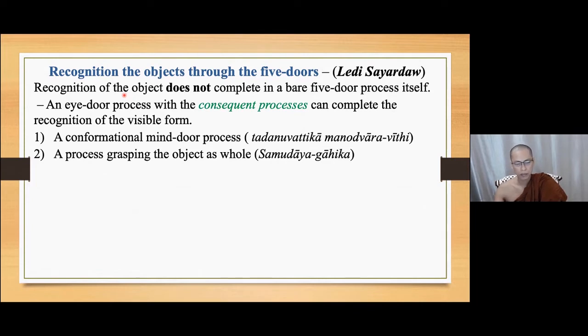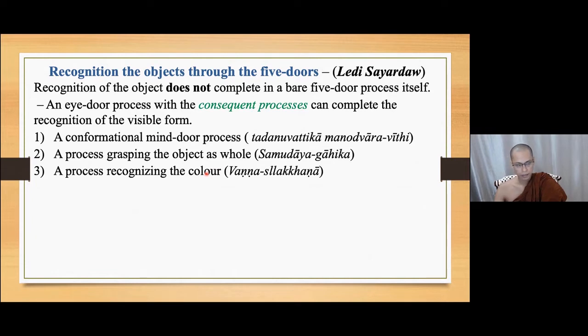So by the support of the consequent mind-door thought processes, we can recognize what we see. Okay, so the second consequent process grasps the object as a whole.